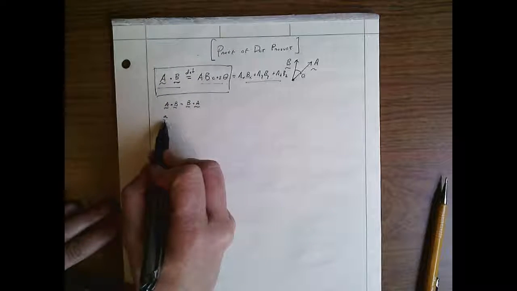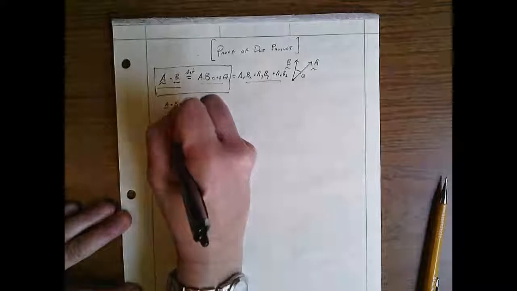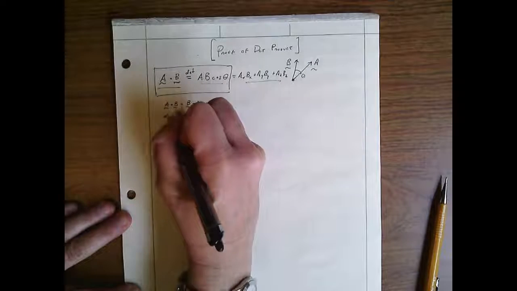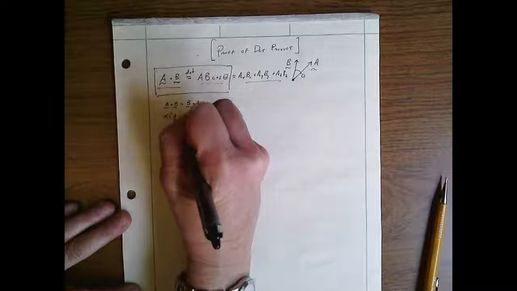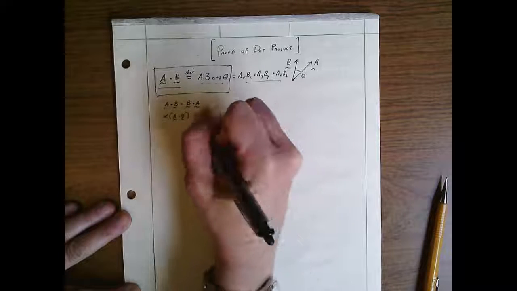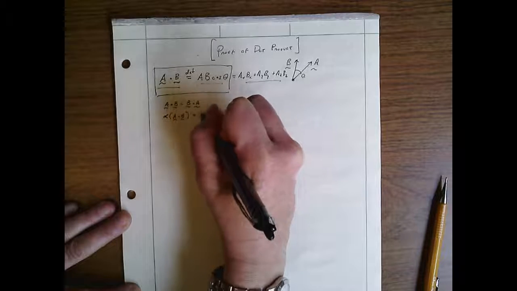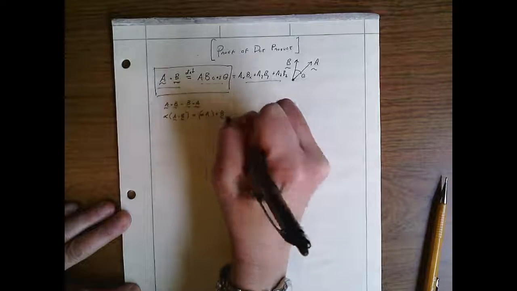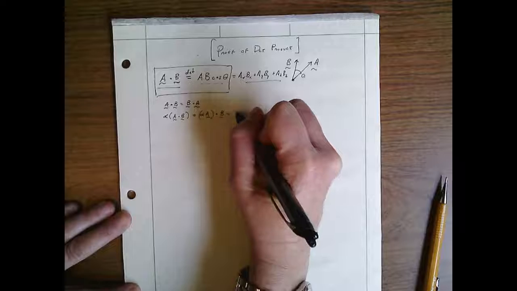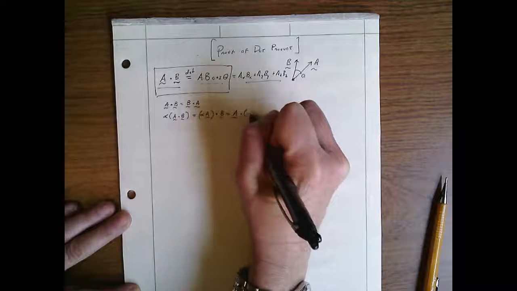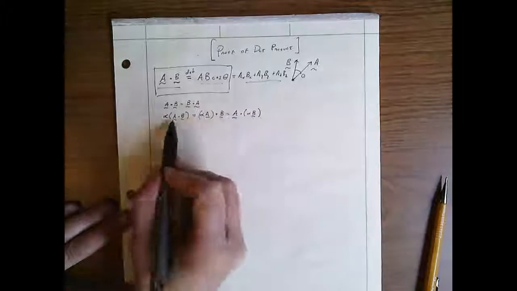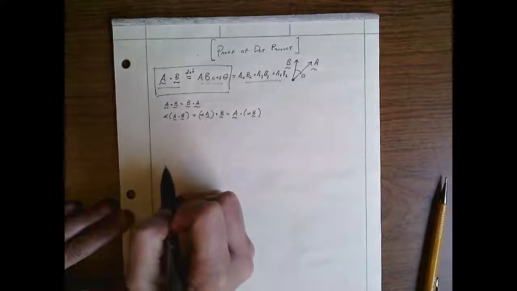Let's say we have a scalar value, I'm going to call it alpha just for clarity. Alpha times A dot B is going to be equal to alpha A, that quantity dotted with B, which is equal to A dotted with alpha B. So that scalar value can be distributed throughout.